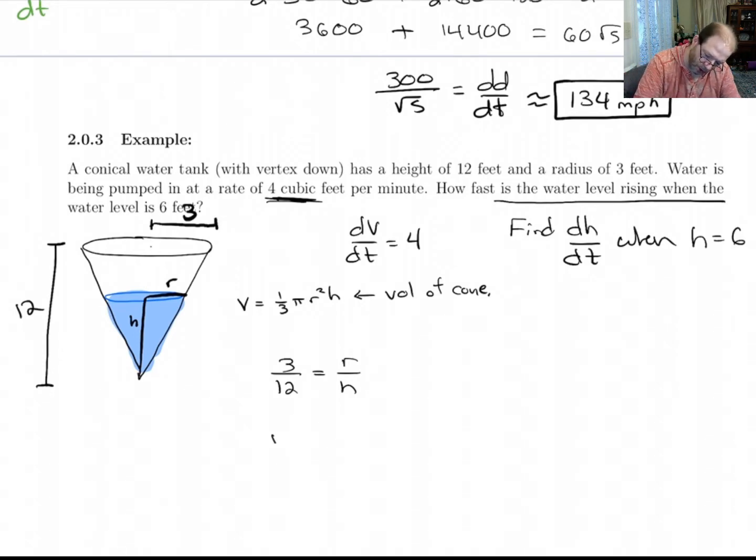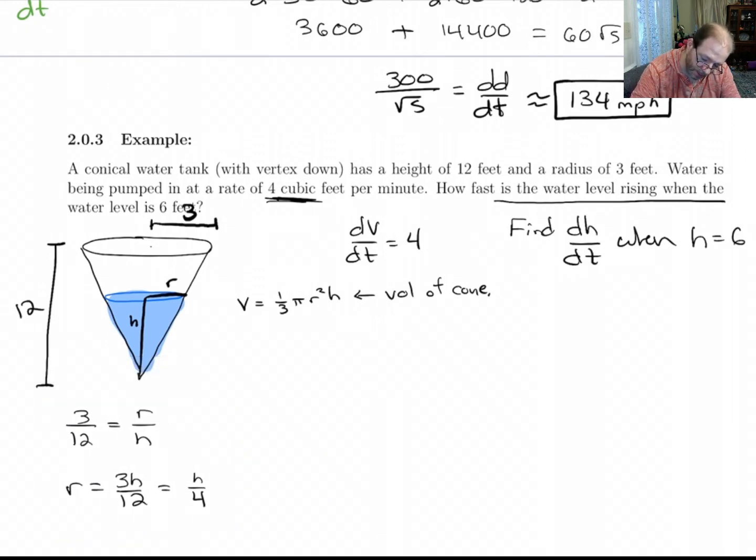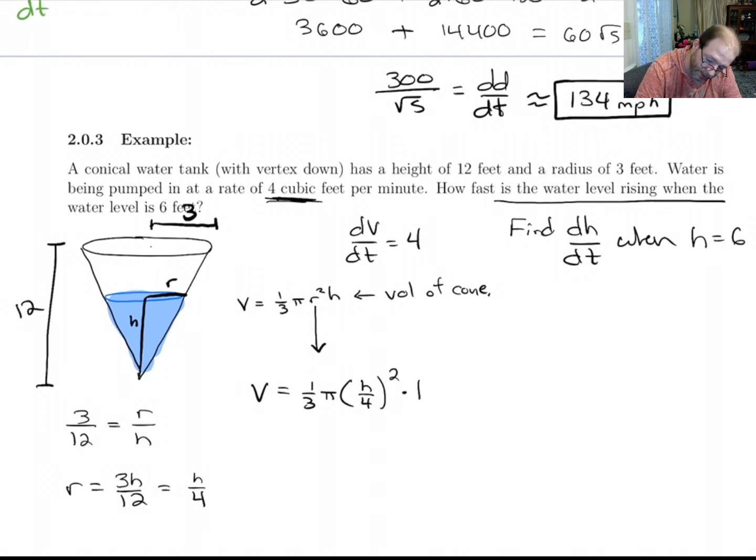This gives me r equals 3h/12, or h/4. So if I take that and substitute in for this r, what I get is volume is 1/3 pi times (h/4) squared times h.